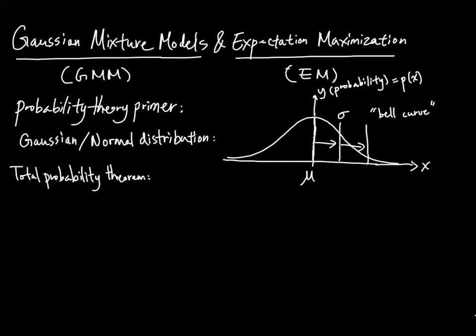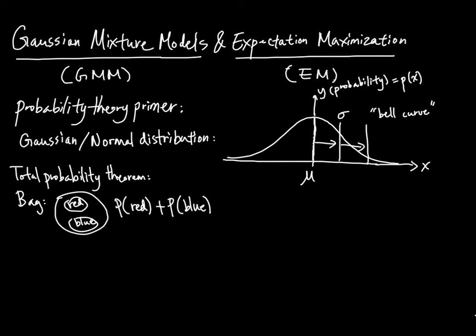So if you have a bag and it has a red ball and a blue ball, the probability of it being a red ball or the probability of it being a blue ball, these two events are disjoint. You can't have neither or both when you take out a ball. So these are individual disjoint events. That's why we can say plus as in or, right? This has to be 1, right?